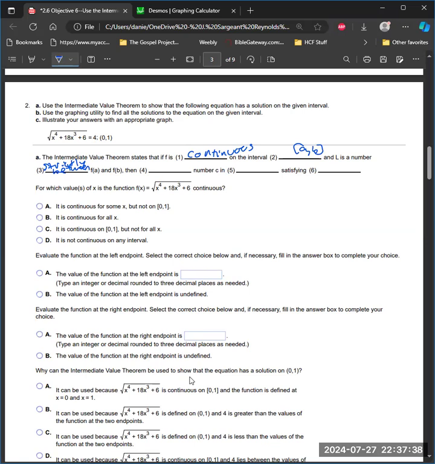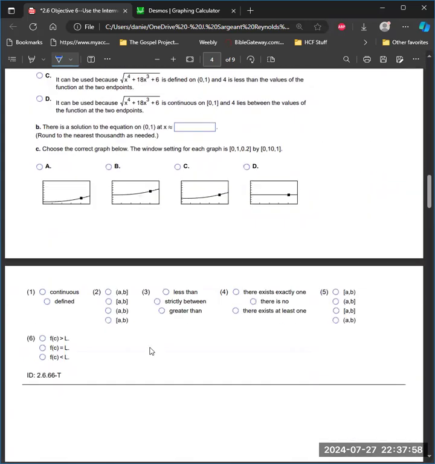Then there exists at least one c value in the open interval a to b such that f of c equals L. So again, continuous on a to b, strictly between, there exists at least one on the open interval a to b, f of c equals L.